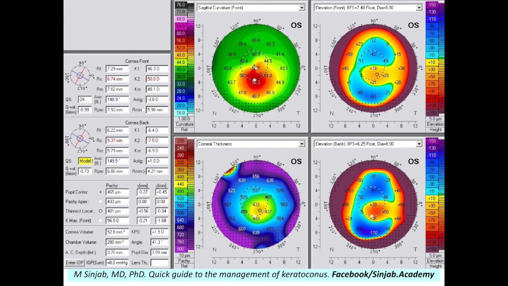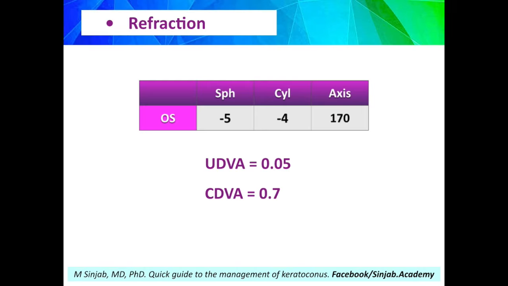Example number 2. This is the topography of a keratoconus in the left eye. The refraction of the patient is -5 diopters sphere, -4 diopters cylinder at axis 170. His uncorrected visual acuity is 0.05 decimal, and the best corrected visual acuity is 0.7 decimal.